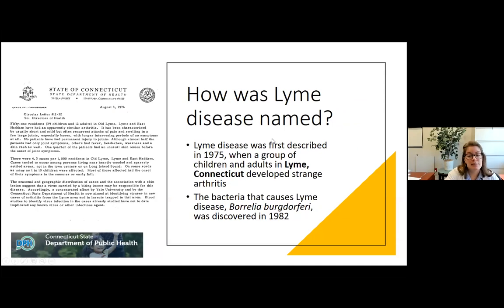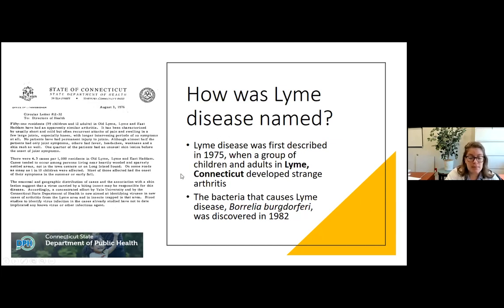So Lyme disease, interestingly, is named after Lyme, Connecticut, which you guys may be familiar with. It is up the coast a bit, but this is a letter to the State Department of Connecticut in 1976 that describes how Lyme disease was initially diagnosed. And it was because there were both adults and children in Old Lyme, Lyme, and East Haddam who had arthritis.